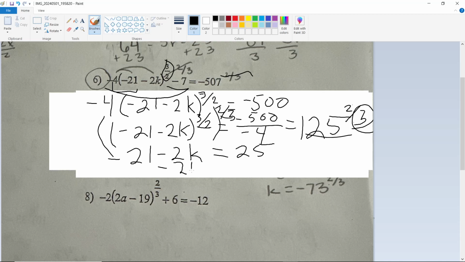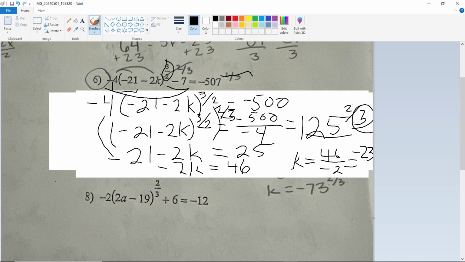Negative 2k equals 25 plus 21 is 46. And then I divide both sides by negative 2. k equals 46 divided by negative 2 equals negative 23. So there's the answer, negative 23.